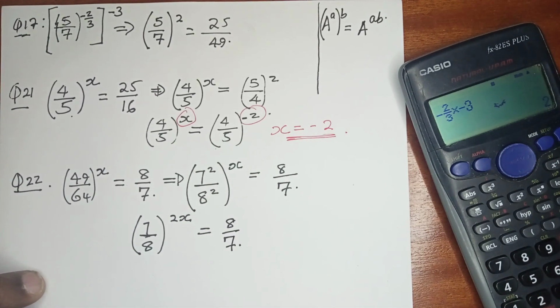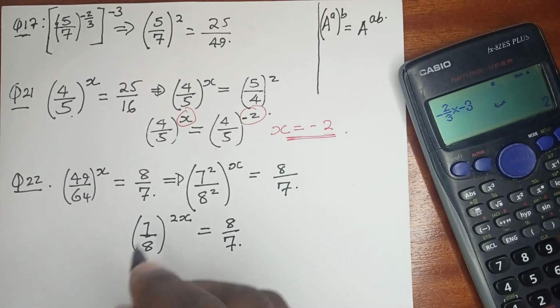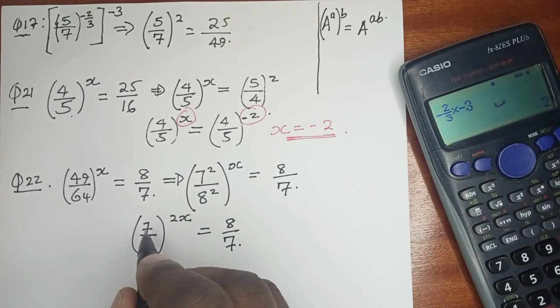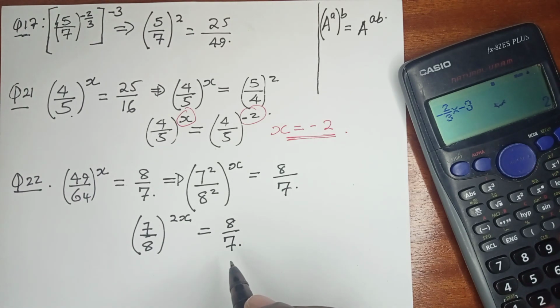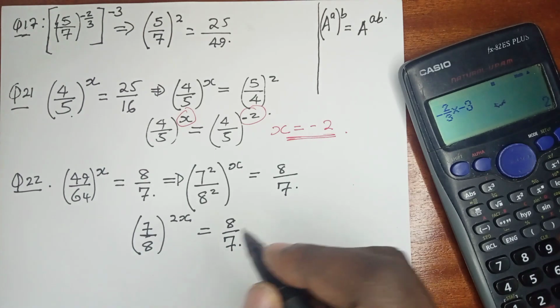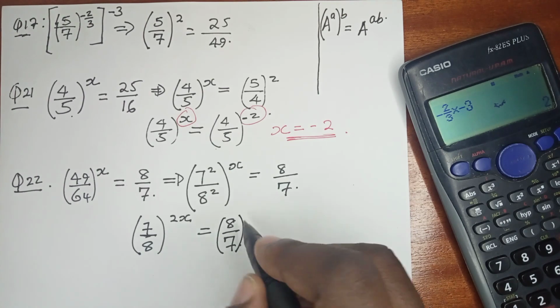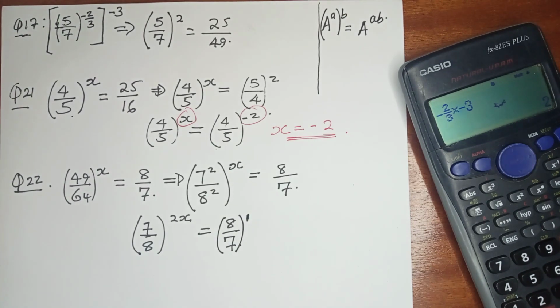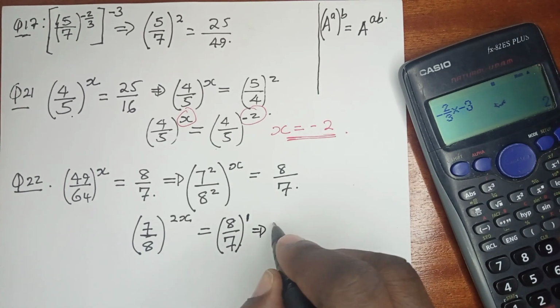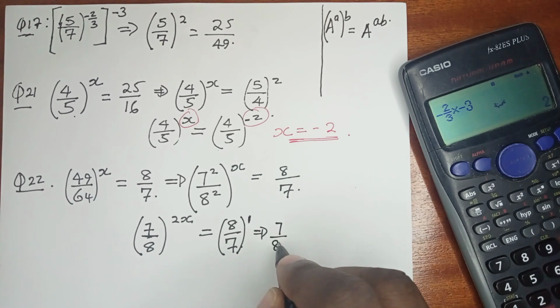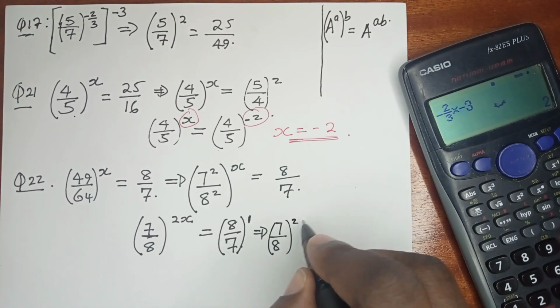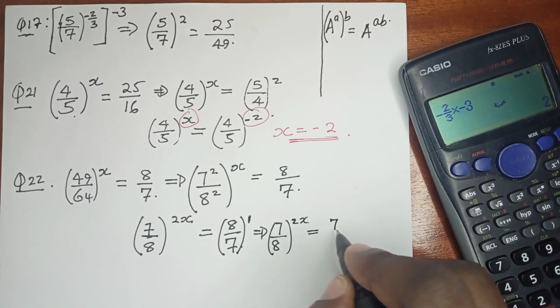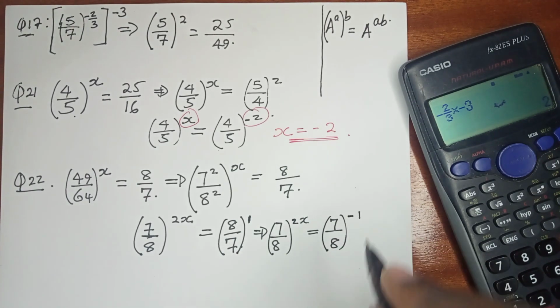And because we can say that 7 here is at the numerator position, while in the second term it is at the denominator position, we just have to flip this one, which is naturally raised to power 1, to have 7 over 8 raised to power 2x is equals to 7 over 8 raised to power -1.